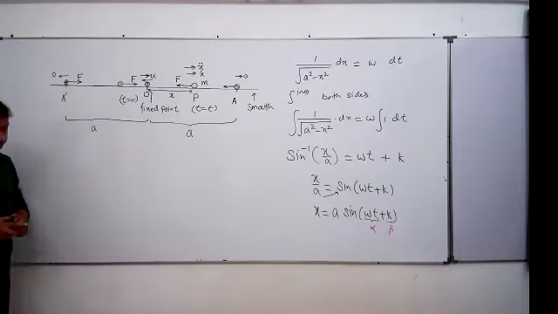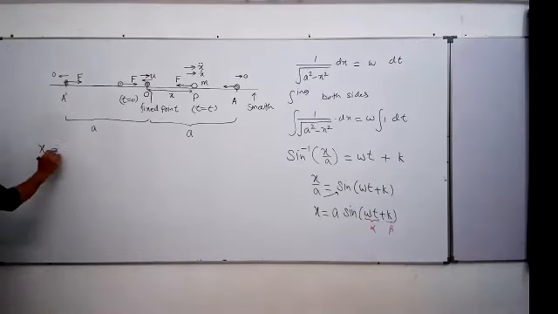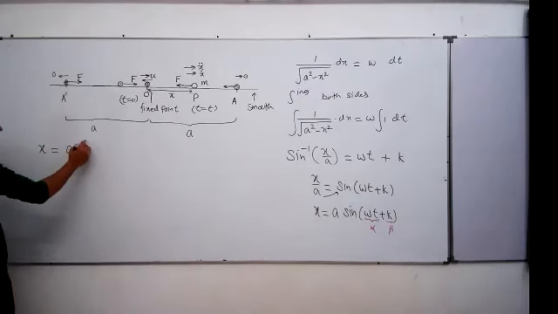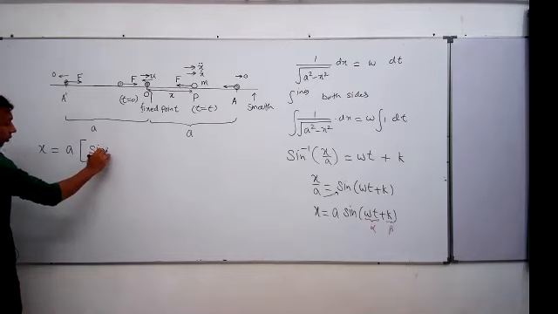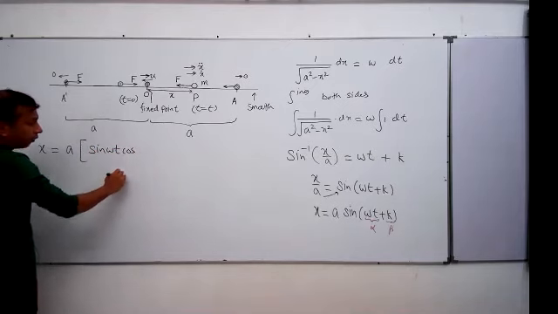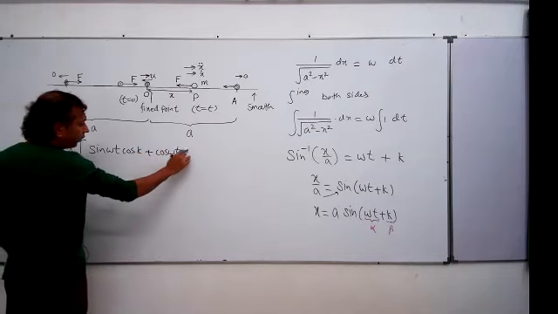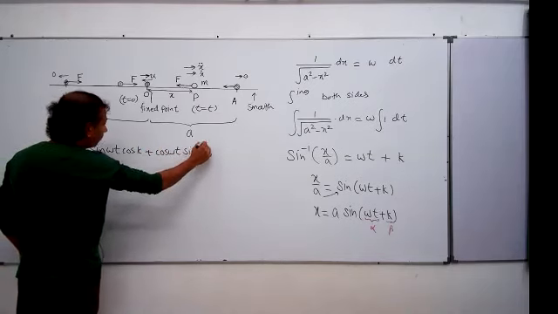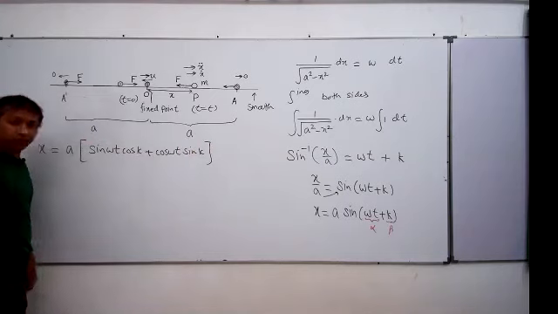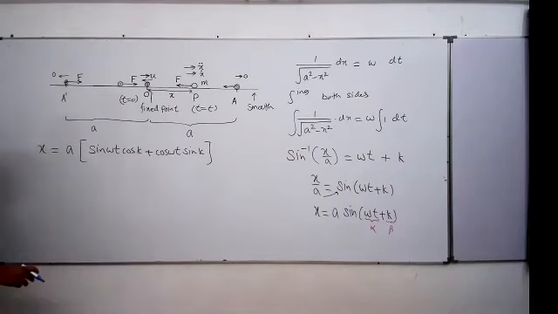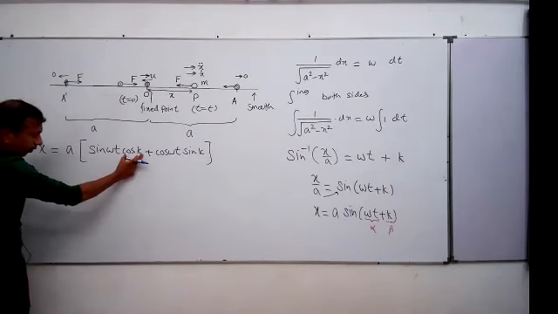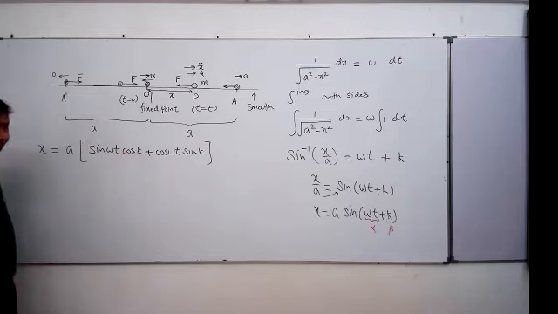x equals a, sin omega t cos k plus cos omega t sin k. Sin a cos b plus cos a sin b. Now we take this cos k. K is a constant, people. Then cos k is a constant.